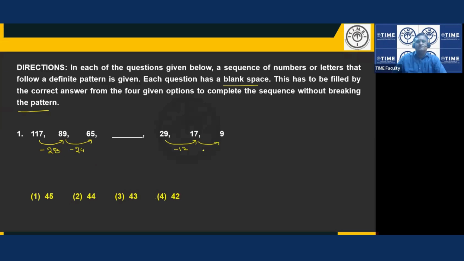Next, minus 8. If you notice, all the numbers 8, 12, 24, 28 are multiples of 4. Here it is minus 20 and minus 16, multiples of 4. 65 minus 20 is 45. The differences we got are multiples of 4, reducing by multiples of 4. Good, good, everybody.